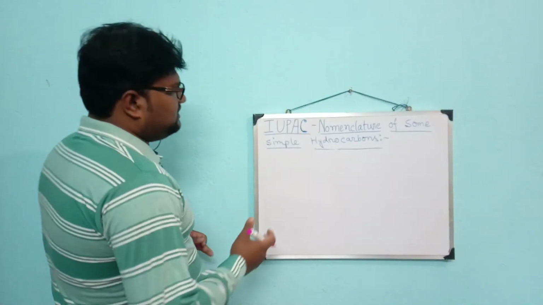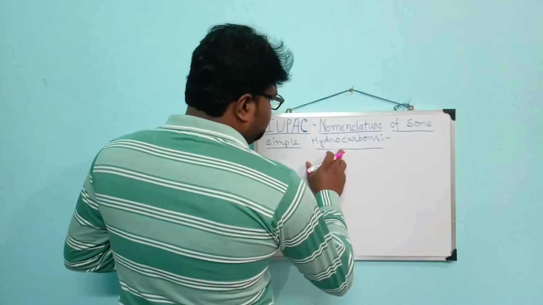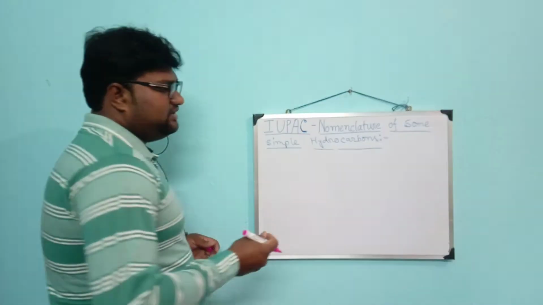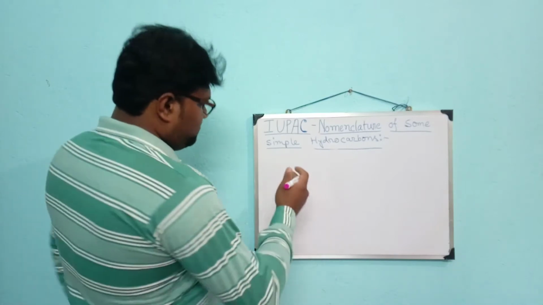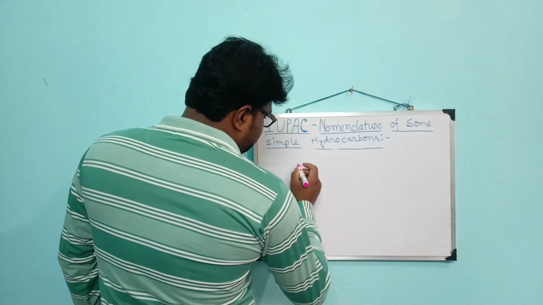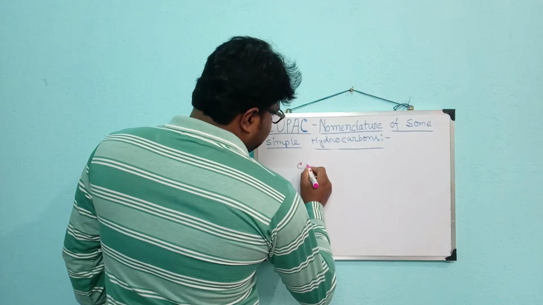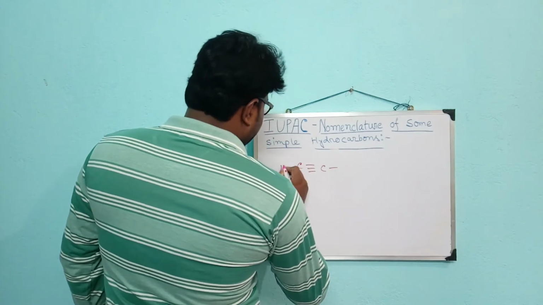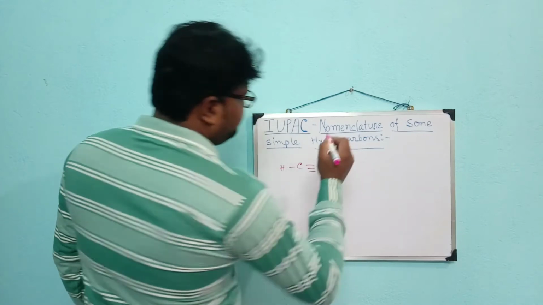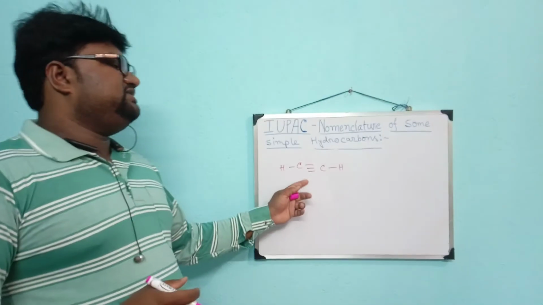Let us consider a compound which contains a triple bond with carbon. Let us consider HC triple bond CH. What is the name of this molecule?